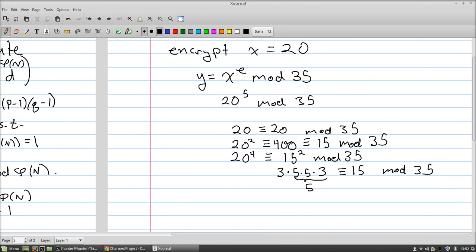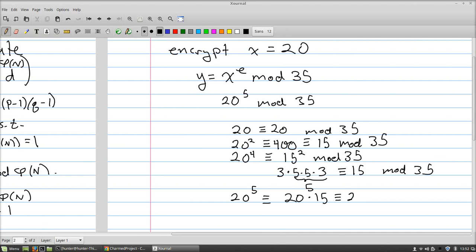Now, to finish, I just need to multiply both sides by 20. So 20 to the 5th power is congruent to 20 times 15. Let's do the same trick here that we did last time.